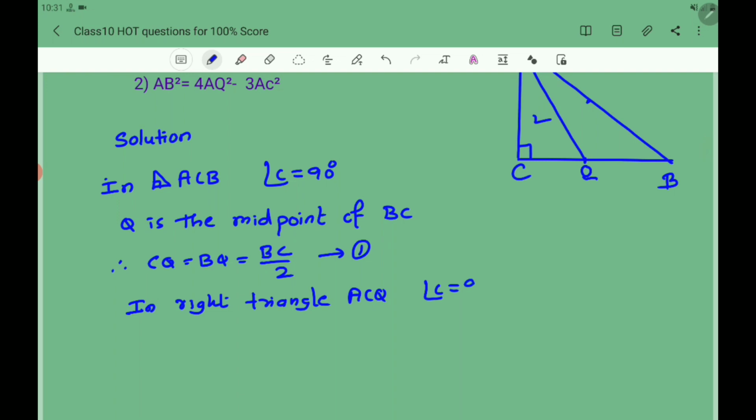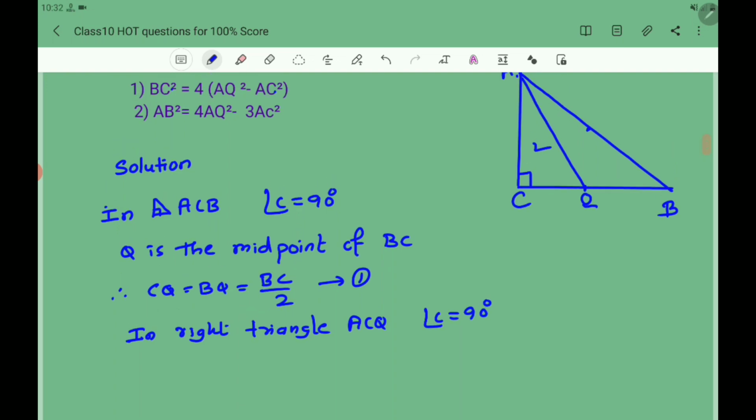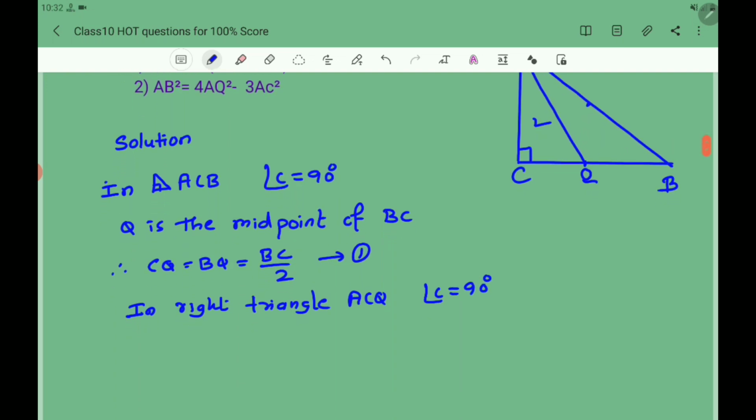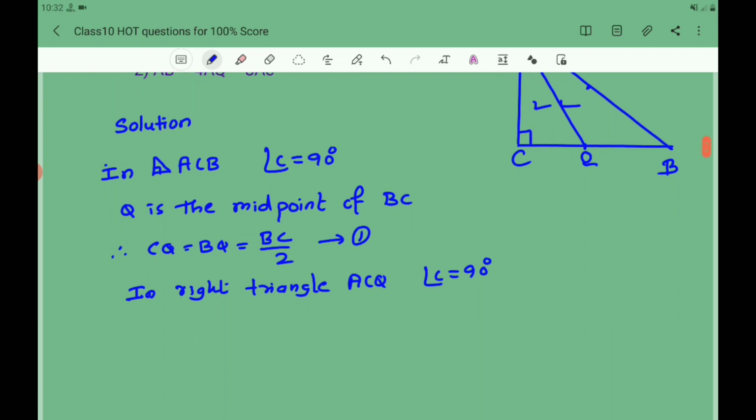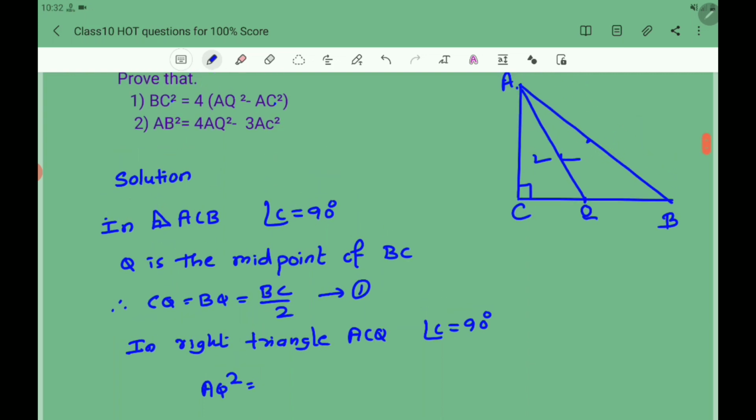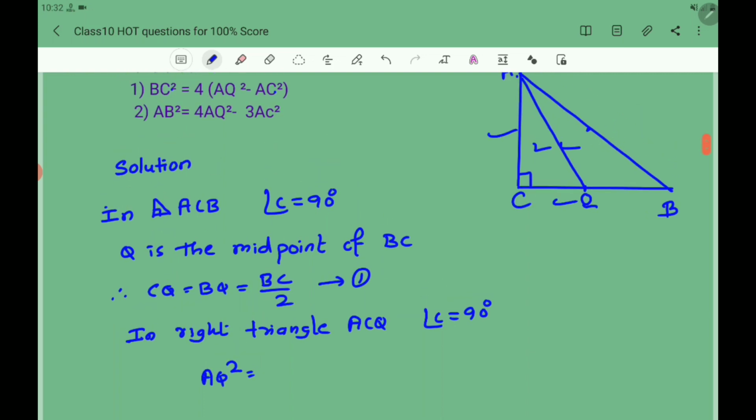Angle C equals 90 degree. Therefore, apply the Pythagoras theorem. Which is the hypotenuse here? You know that AQ is the hypotenuse. Square on the hypotenuse is equals to the sum of the squares on the other two sides. So, you take that AQ square equals AC square plus CQ square.